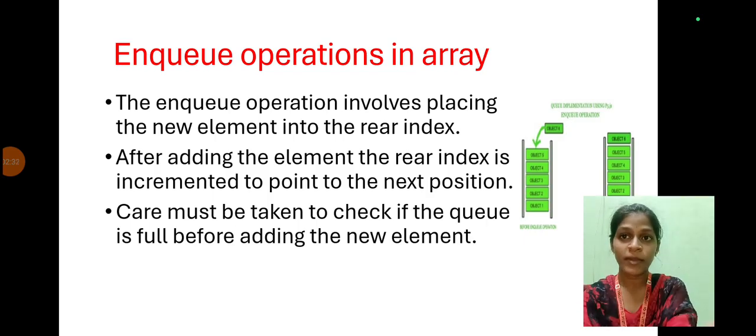The enqueue operation involves placing the new element into the rear index. After adding the element, the rear index is incremented to point to the next position. Care must be taken to check if the queue is full before adding the element into the queue.